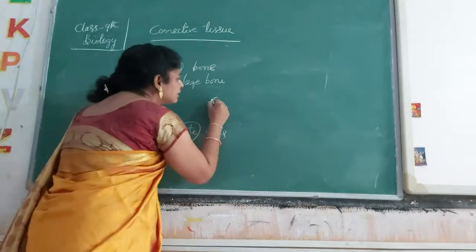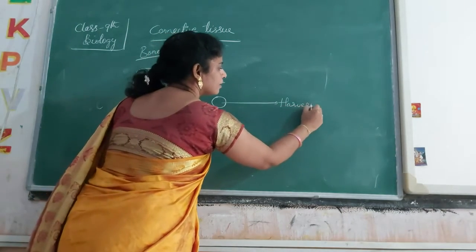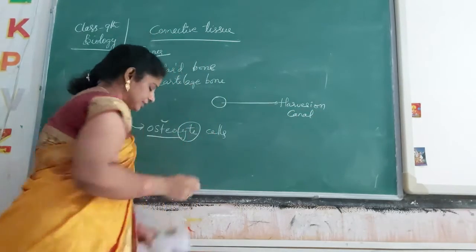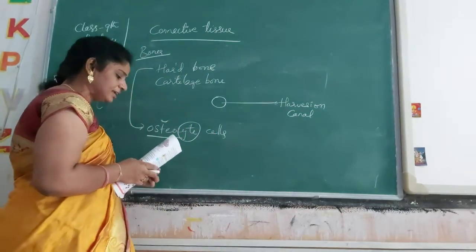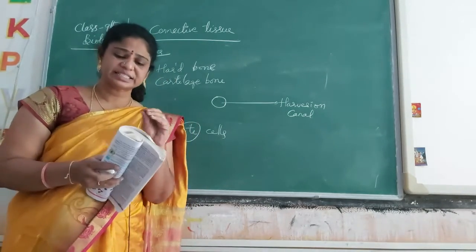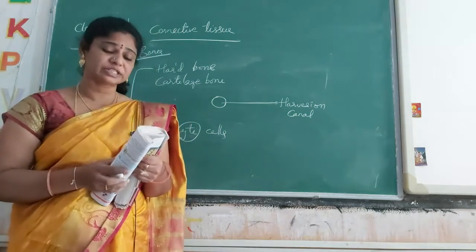In the center we have the Haversian canal, and around this the bone is very hard. Why is it hard? Because it is embedded with a number of osteocyte cells.